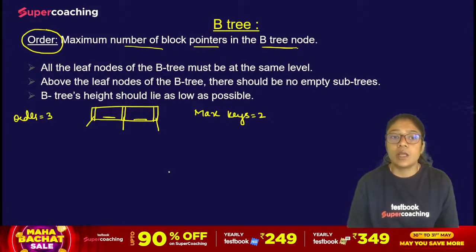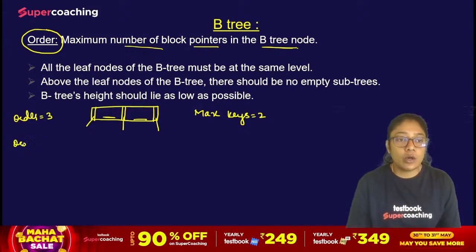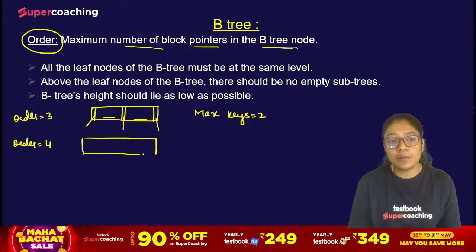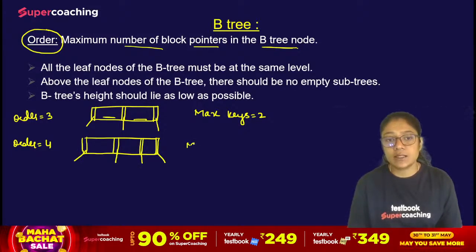Similarly, if the order of a tree is 4, then the maximum number of keys will be how much? Order of tree is 4 means 4 child pointers can be there. There are 4 child pointers, so how many keys can we store? There are 3 slots available, so in this case maximum keys will be 3. So can we generalize this?